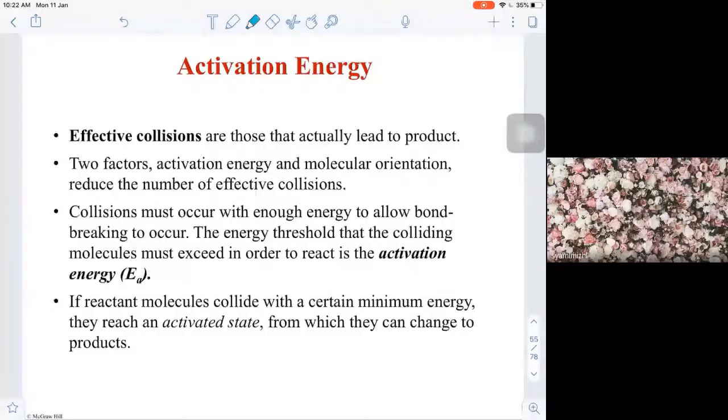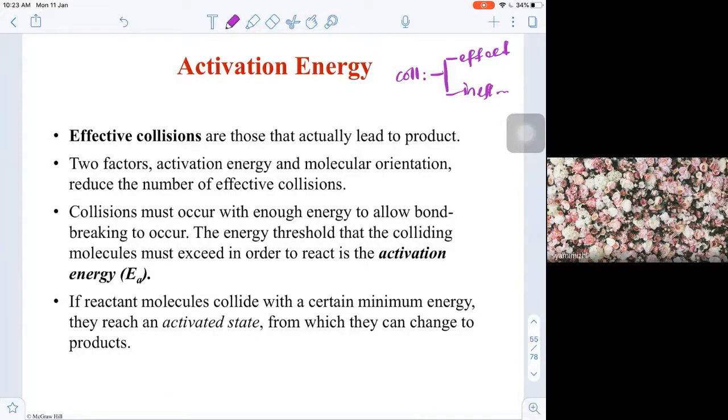We have two types of collision: either effective or ineffective. You can look at page 721, figure 16.15.